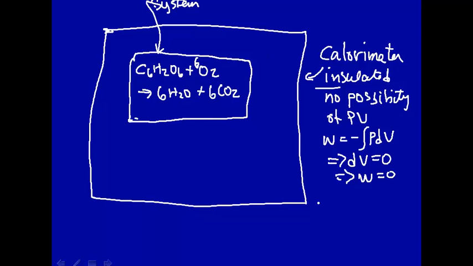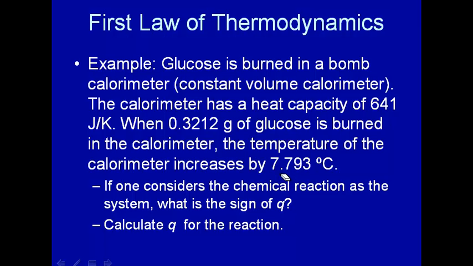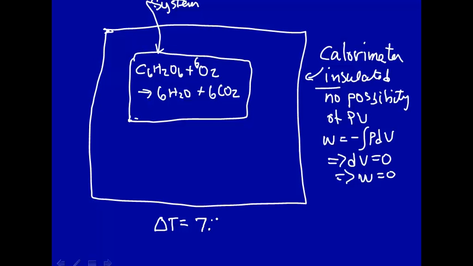But here, delta T, given in the example, is a positive number. Delta T for the calorimeter is 7.793. So in the calorimeter, the temperature went up. What does that mean?